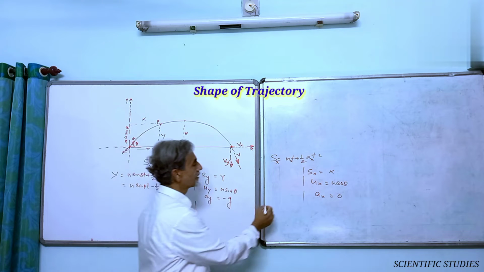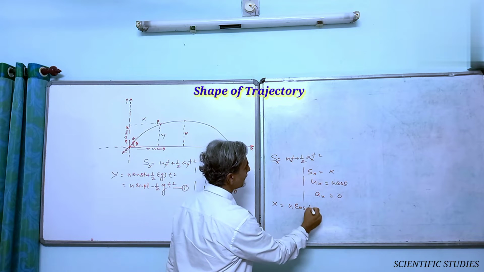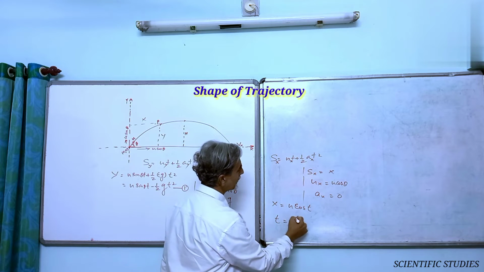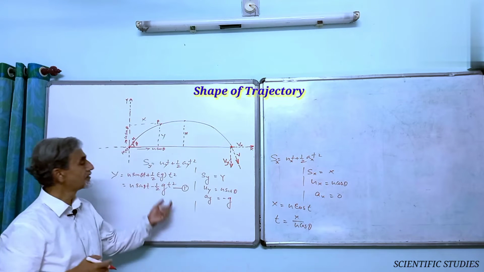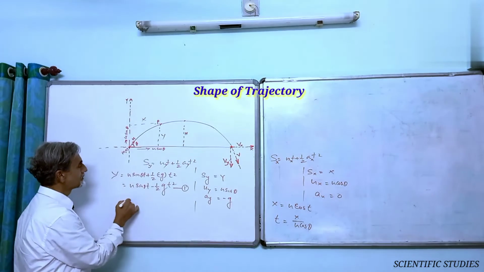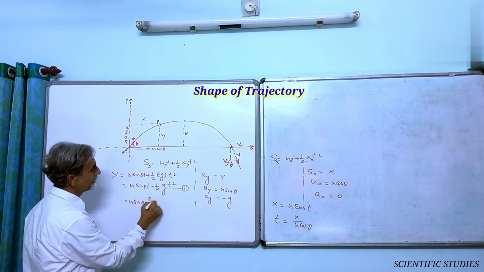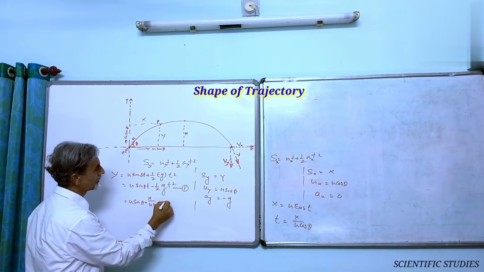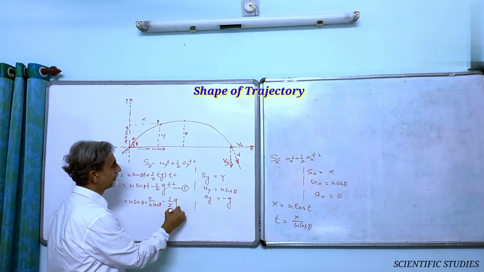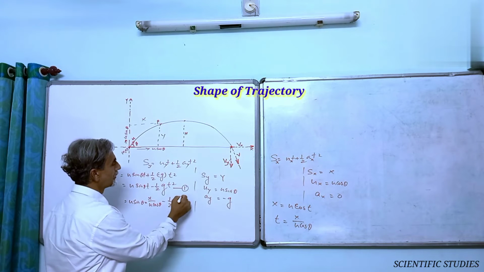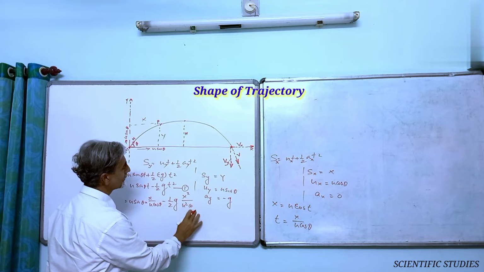Therefore, the displacement x is equal to u cos theta t, or t is equal to x by u cos theta. Substitute this value in equation number 1, that is u sin theta into x by u cos theta minus half g into x square by u square cos square theta.